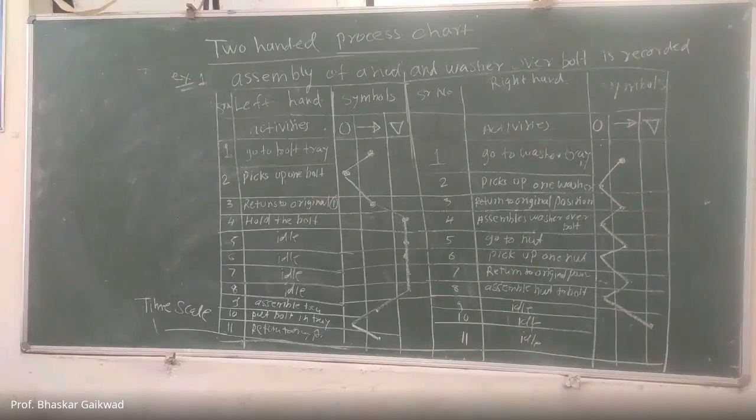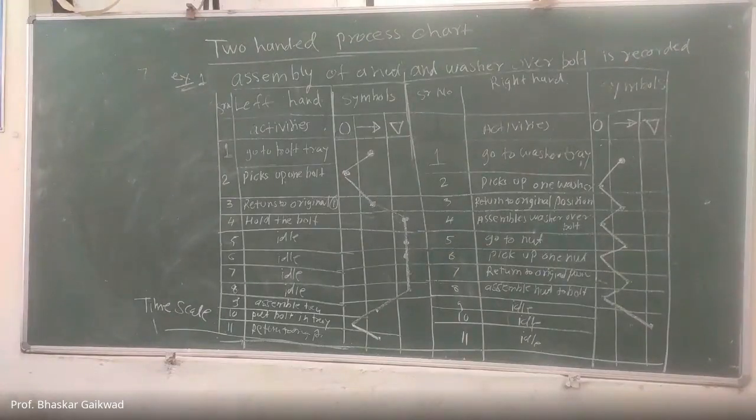And for the two-handed process chart, the example is nut, bolt, washer assembly. Three trays are there. One tray of nuts, one tray of washers, and one tray of bolts. Now, how can we make the assembly at a time with both hands? We can take the bolt and washers. After that, you can go for the nut, and it is not standard. You can make up your mind to draw it this way.